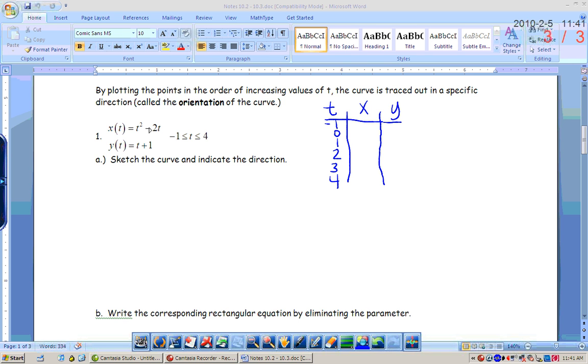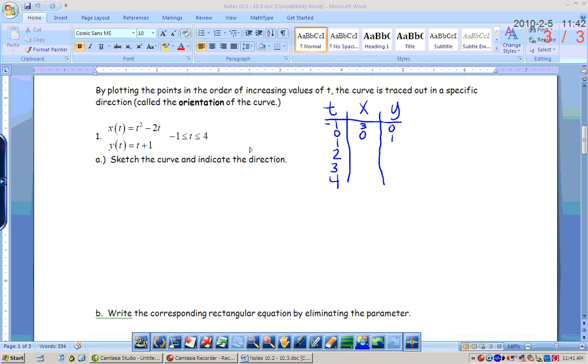So when t is negative 1, x will equal 3, and y will equal 0. And when t is 0, x will equal 0, and y will equal 1. Are you all cool with plugging these points in?